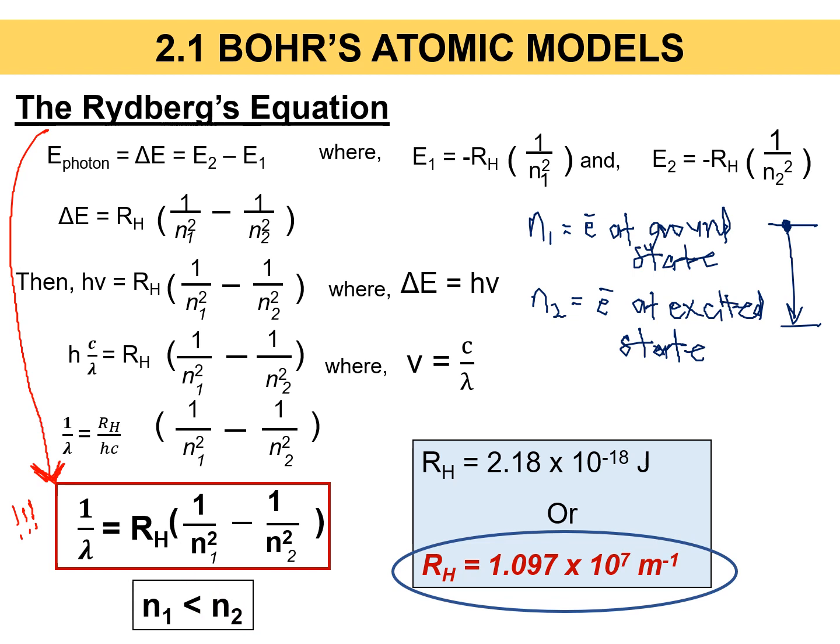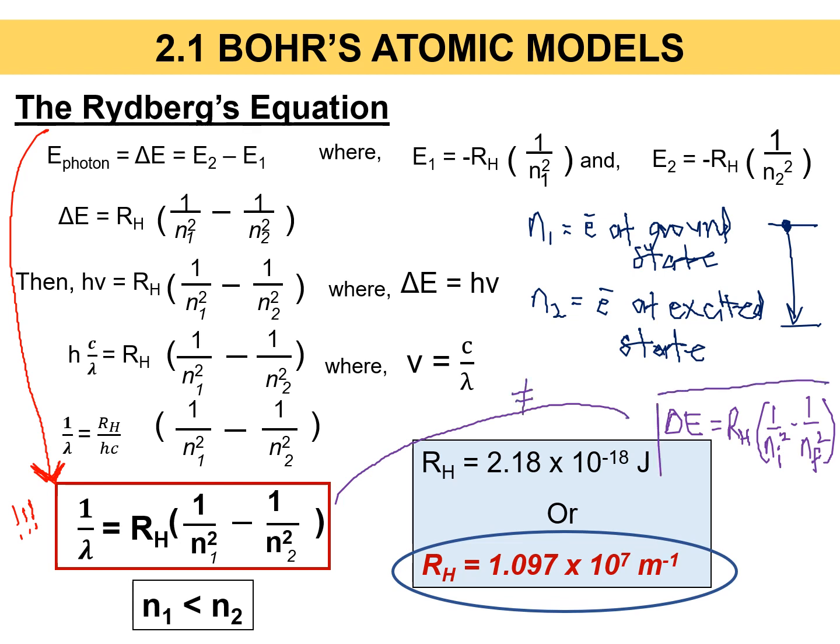Berbeza ya, tak sama dengan equation earlier that we did together, which is delta E is equals to RH, 1 over n initial squared minus 1 over n final squared. Rydberg equation tak sama dengan transition energy equation.